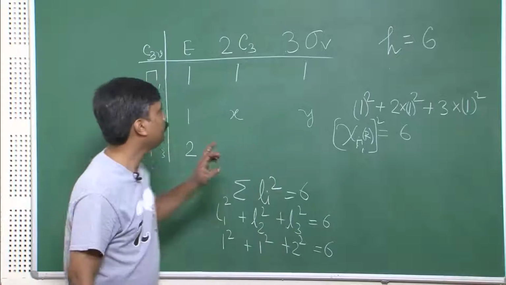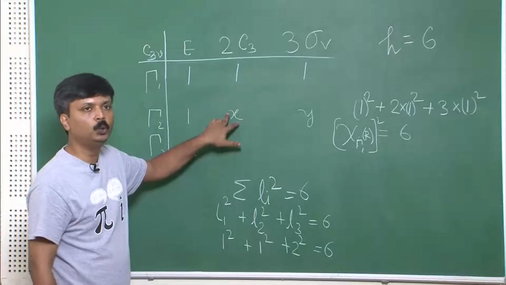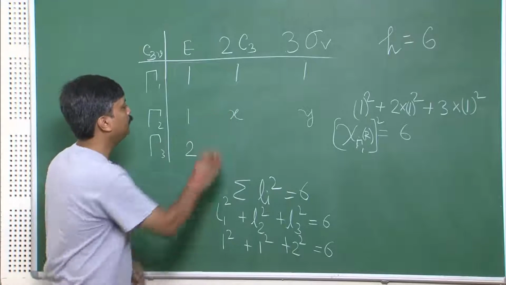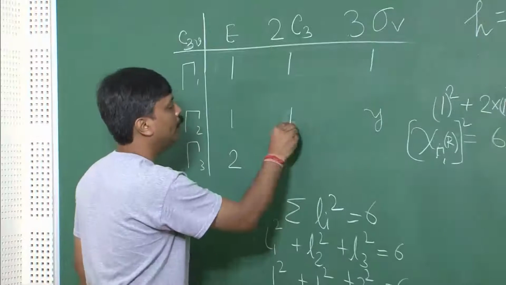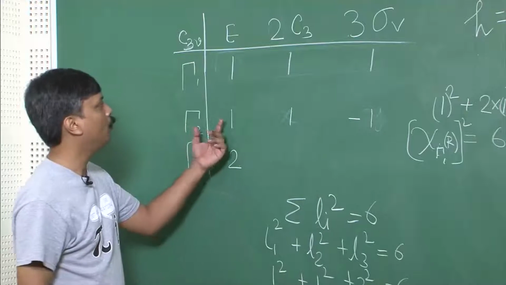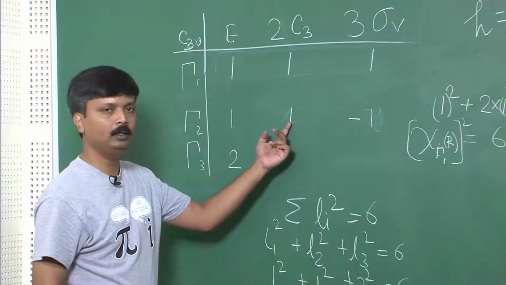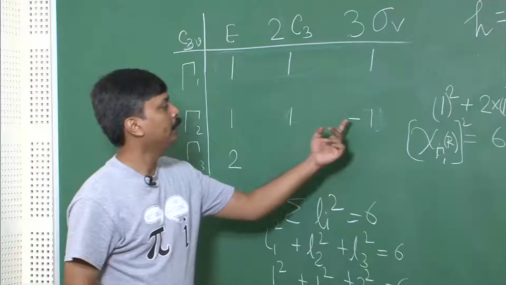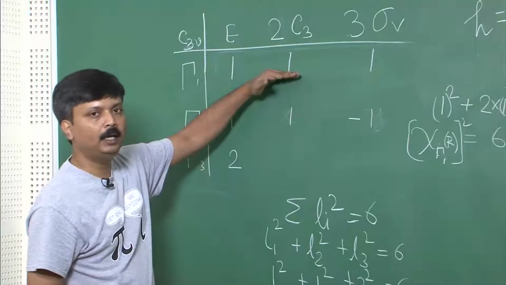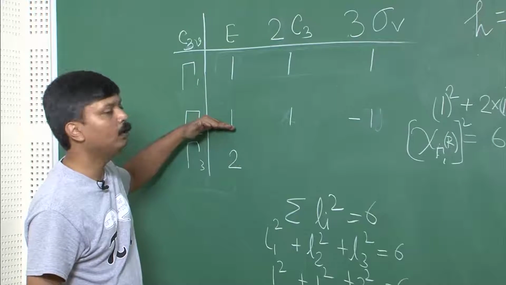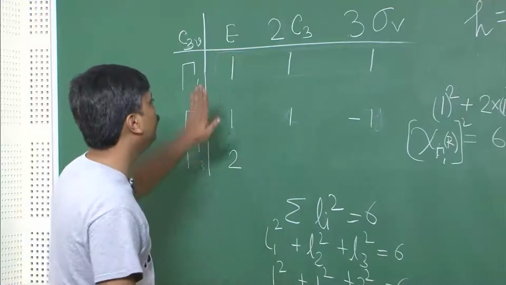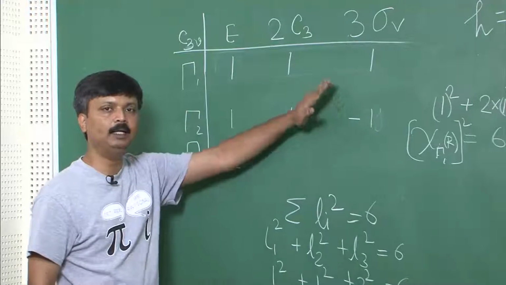How can I get that? Because here I have 2 characters, I can put this one as plus 1 and y to be minus 1. Then I have 1 plus 1 here, then here 3 minus 1s. So, if I multiply gamma 1 and gamma 2, I am getting 0. So, the condition of orthogonality of two irreducible representations is satisfied.